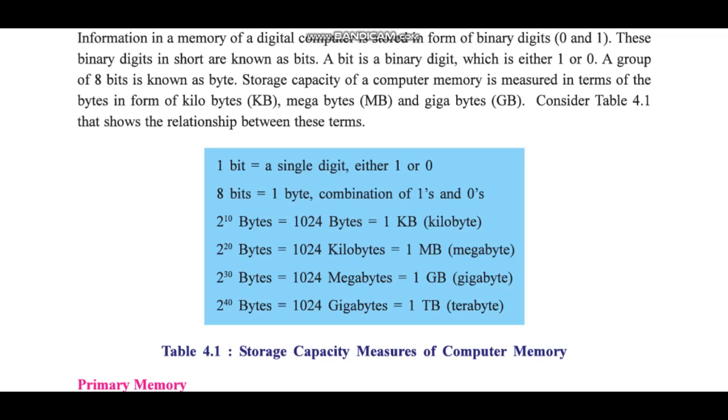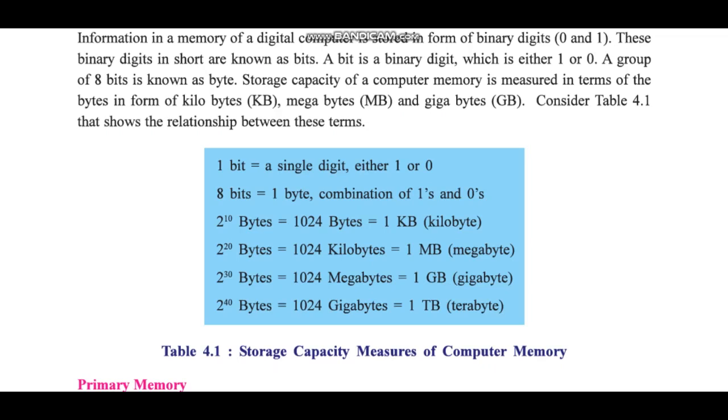GB stands for gigabyte. And the last is 2 to the power 40 bytes. That means 1024 gigabytes is equal to 1 TB. TB stands for terabyte.